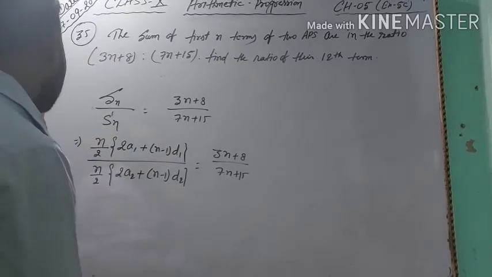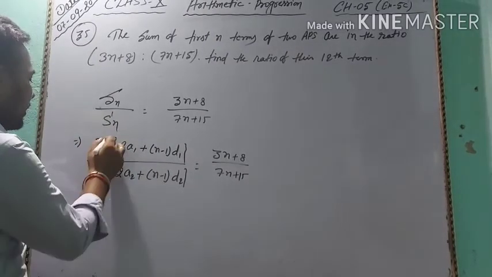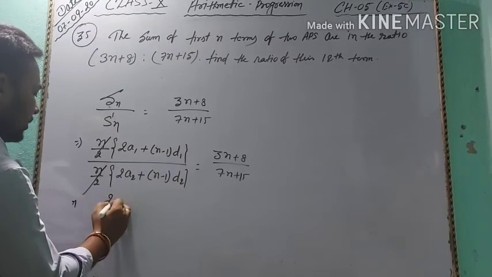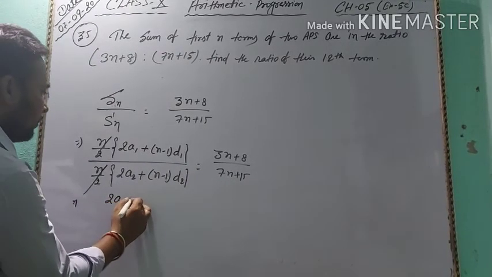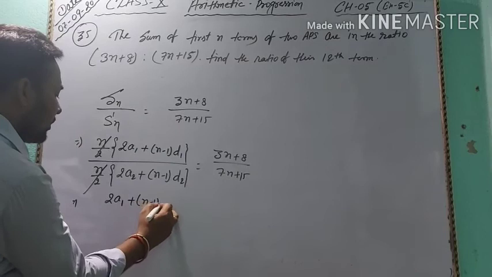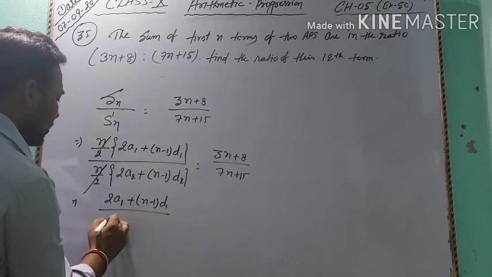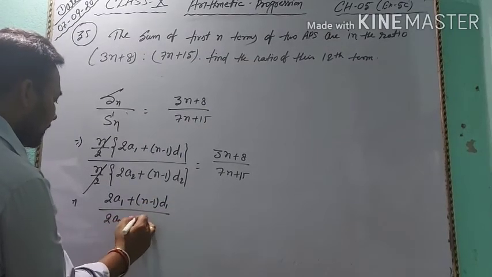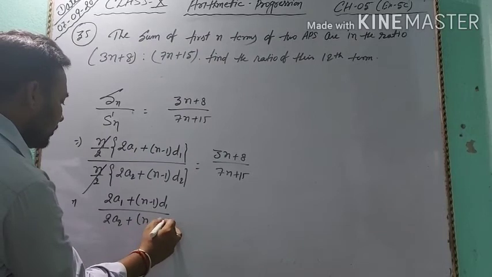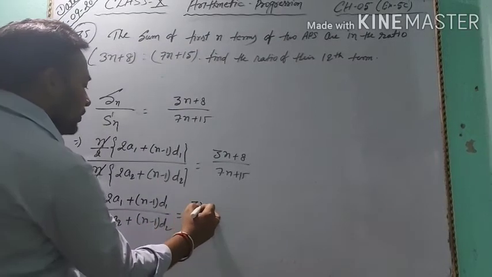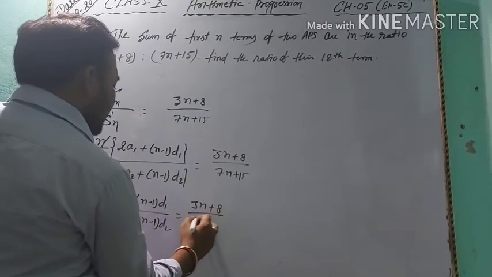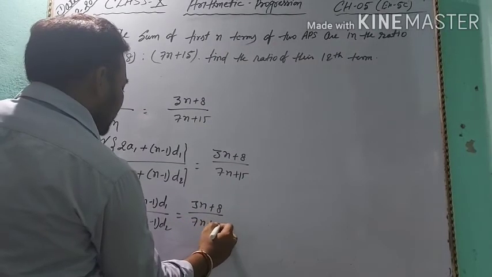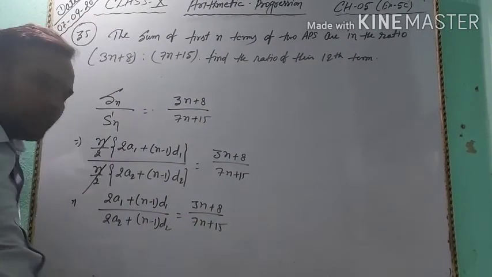Students, n by 2 is cancelled. So here 2a1 plus n minus 1 d1 by 2a2 plus n minus 1 d2 equals 3n plus 8 by 7n plus 15.